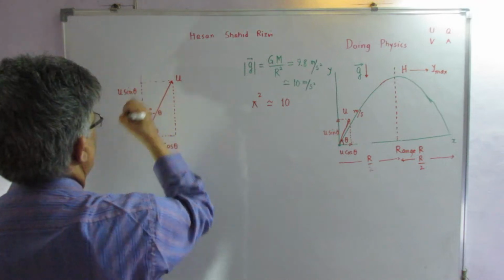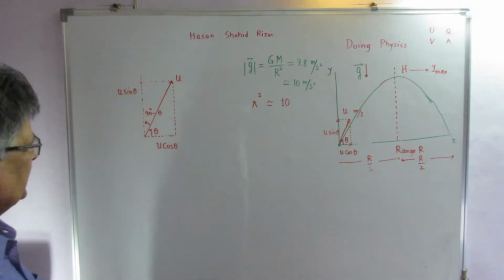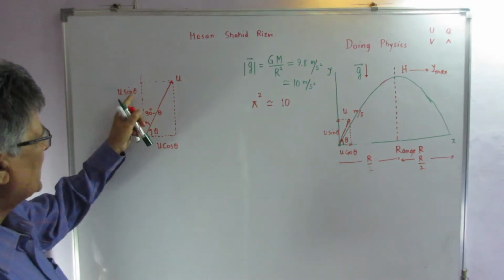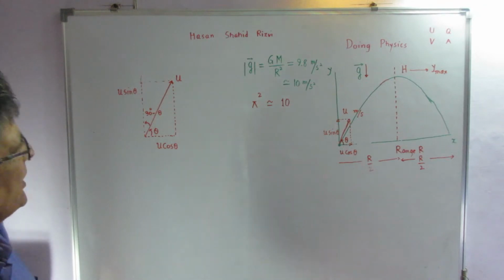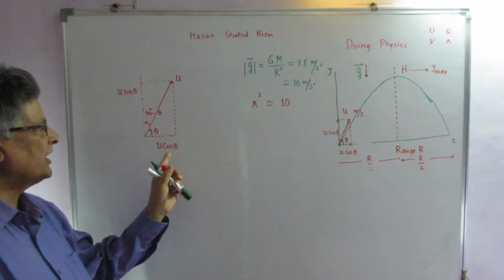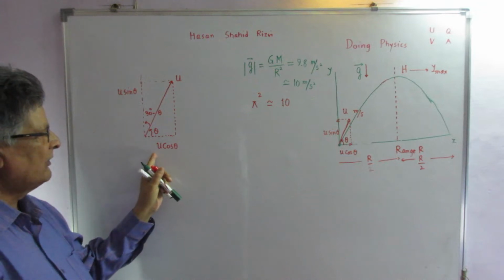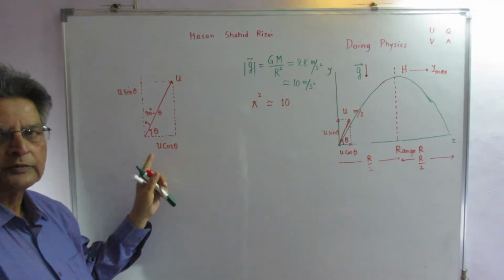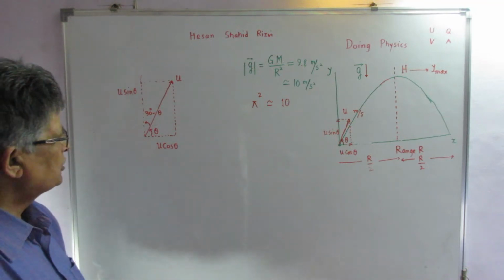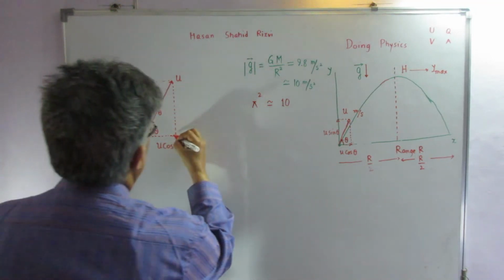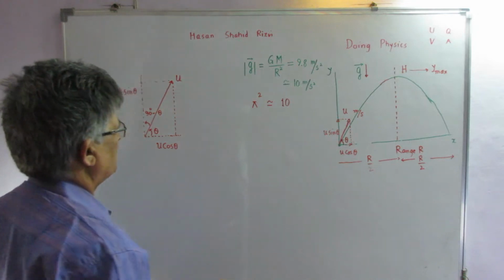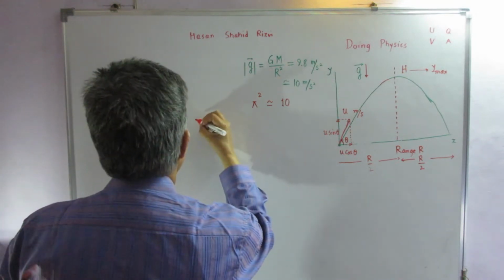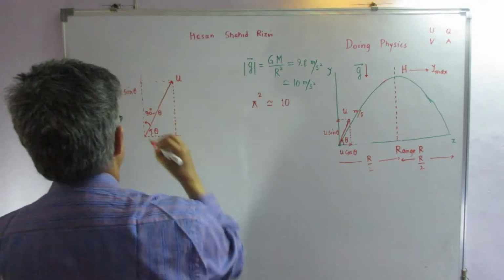But in fact I told you that this u sine theta is obtained because in the resolved part that we make for any vector, we always go for the value of the vector multiplied by the cosine of the angle between the two lines. I'll just remind you that this is actually the vertical component.